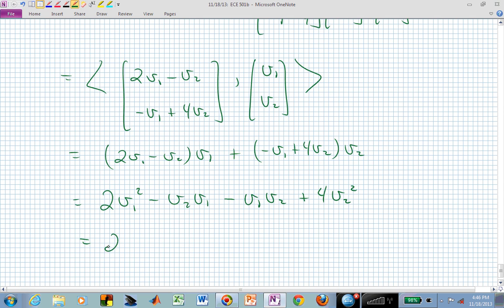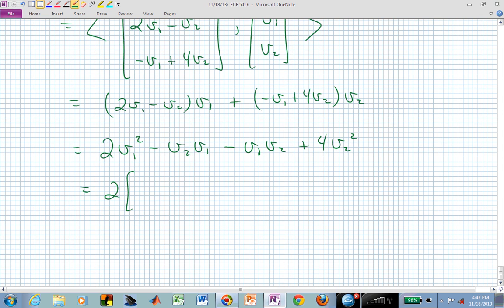And I can factor out a 2 from all of that and maybe minimize some of this. I now have v1 squared minus, and those scalars commute, so I now have minus v1 v2 plus 2 v sub 2 squared.